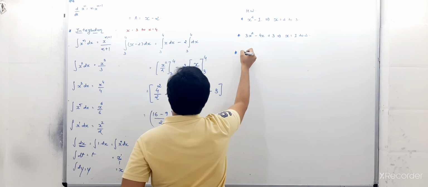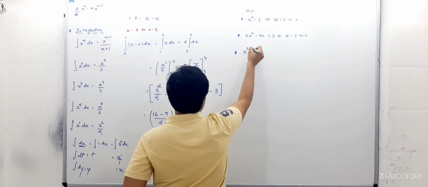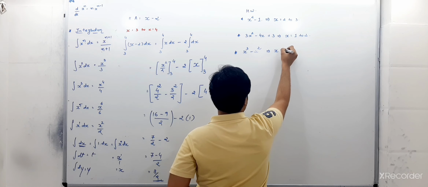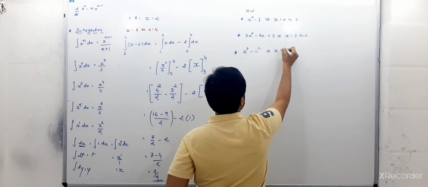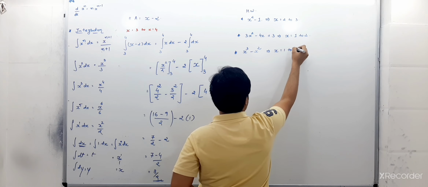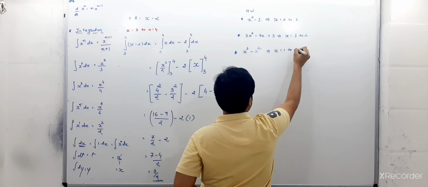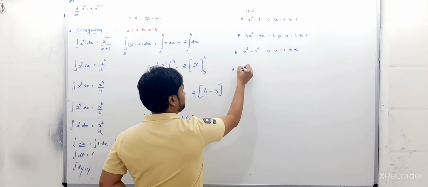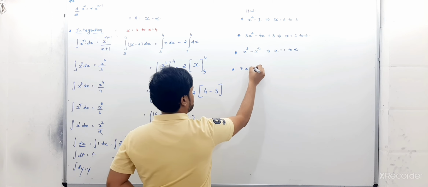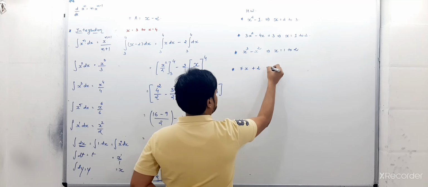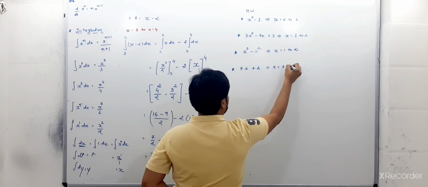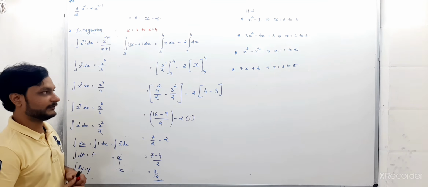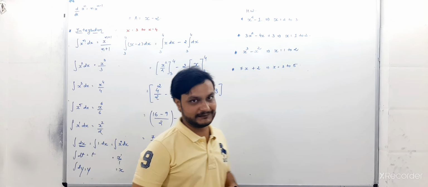Third one is x cube minus x square, x equals to 1 to 2. Last one, 7x plus 2, x equals to 3 to 5. Okay? Find the answers. Then after we can understand how to integrate the thing.